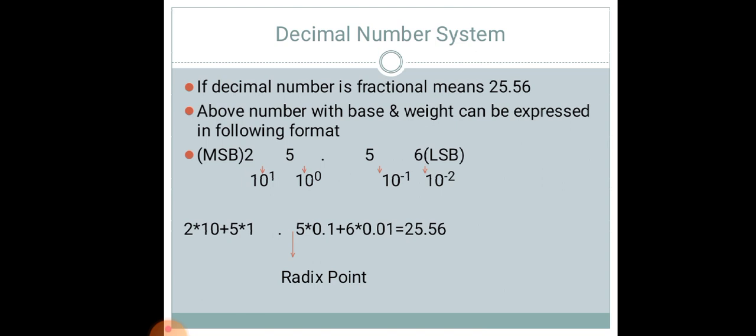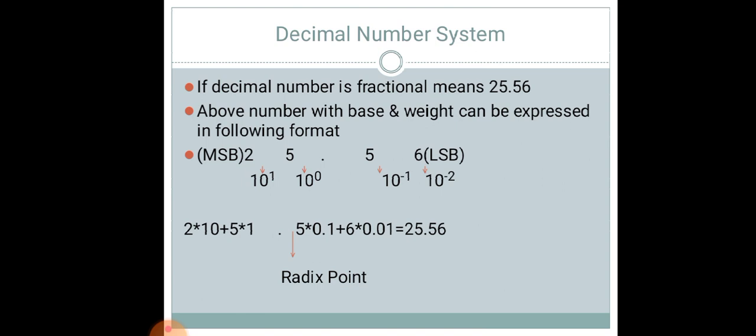Then after the fractional point, 5 into 10 raised to minus 1, and 6 into 10 raised to minus 2. So after the fractional point we put weights from the left hand side, and they go on increasing towards the right hand side, but with the minus sign.